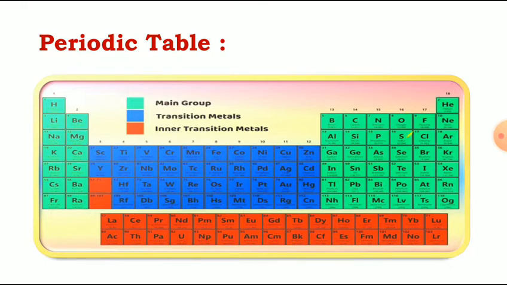Group number 16: oxygen, sulfur, selenium, tellurium, polonium. Group number 17: fluorine, chlorine, bromine, iodine and astatine. These groups 13 to 17 we are going to learn in this semester. The zero group elements we are not going to learn in this semester.